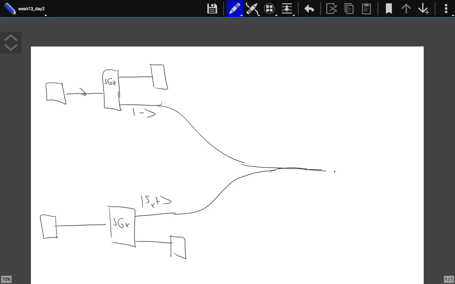But then when we mix them up, the system is now called a mixed ensemble.